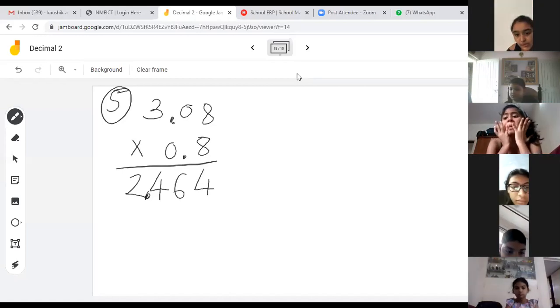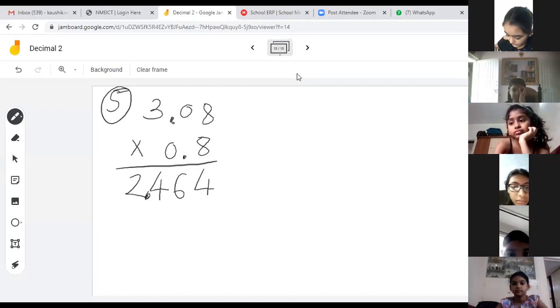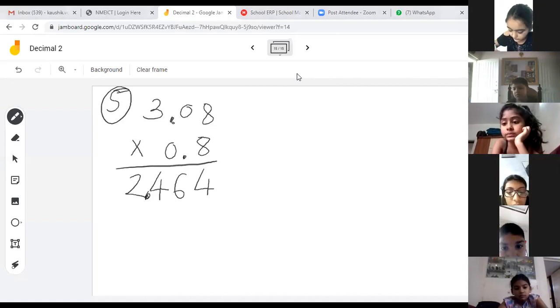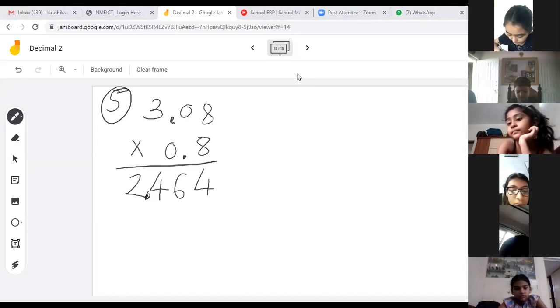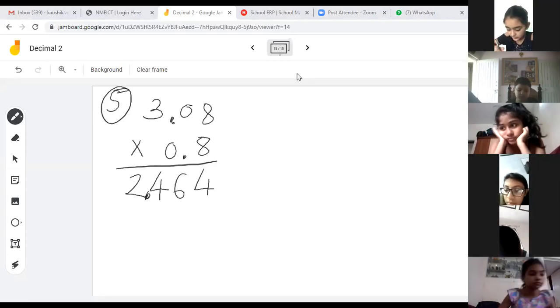Forget the decimal point first. Then do the multiplication, and in the last you have to remember there were some decimal points, so the same total digits after decimal points should be there in the answer, right? And they will be added if the multiplicands have decimal points.